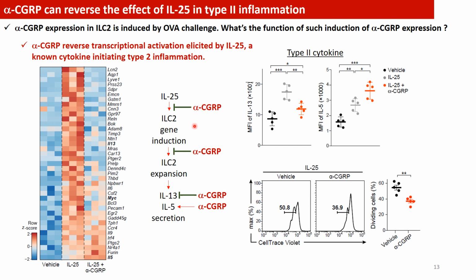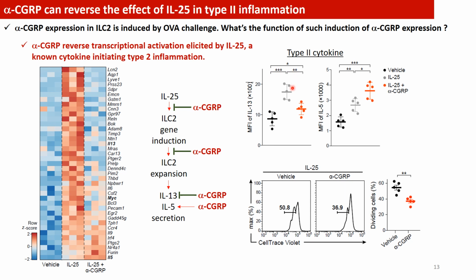Besides inhibiting the gene induction of ILC2, alpha-CGRP also has some effects on type 2 cytokine expression in ILC2. Let's take a look.